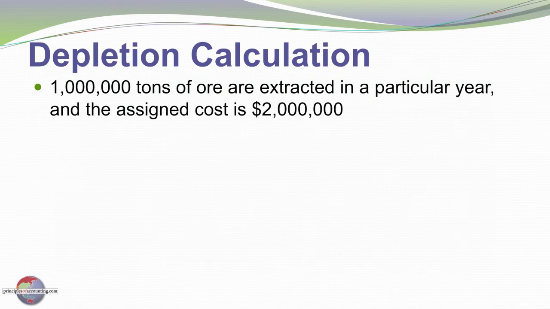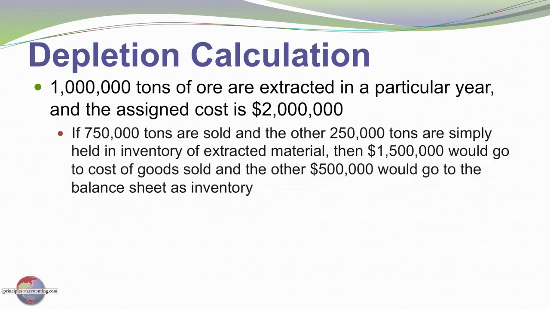Continuing, assume that during a particular period 1 million tons of the ore are extracted. That million tons would be assigned a cost of $2 million. Again, that's the $2 per unit times the million tons that were extracted. So our total depletion charge is $2 million.